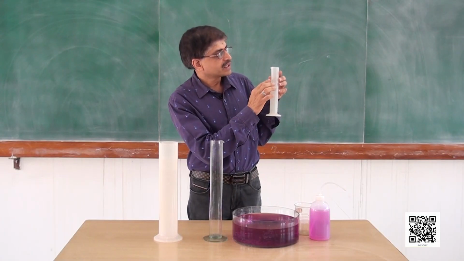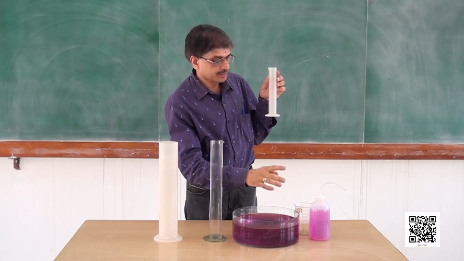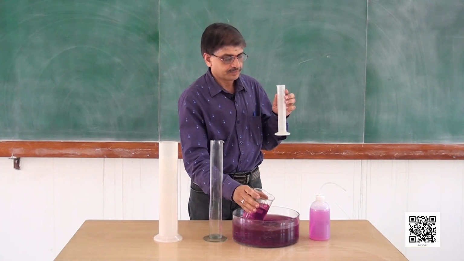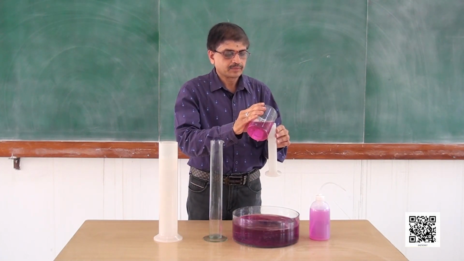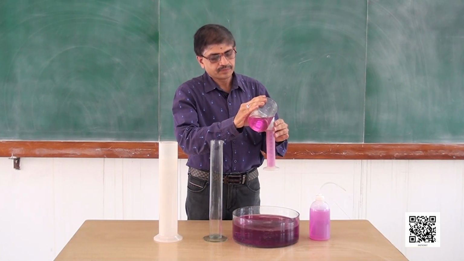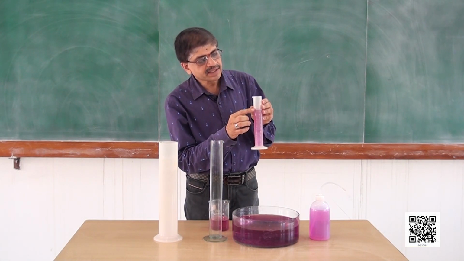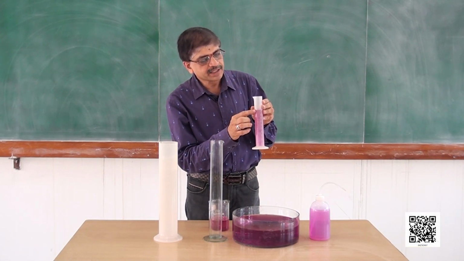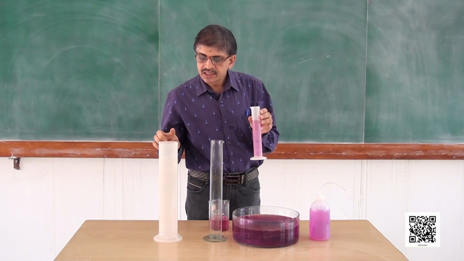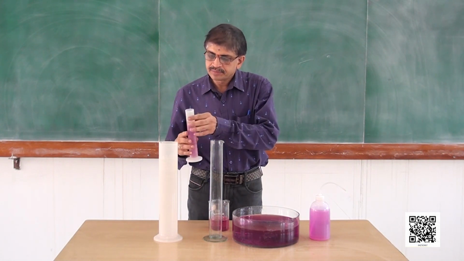As you all know, this is a 100 milliliters measuring cylinder. We now fill this with water. Children, observe carefully, water level reached here up to 100 milliliters. We now pour this 100 milliliters water into this 1000 milliliters cylinder.